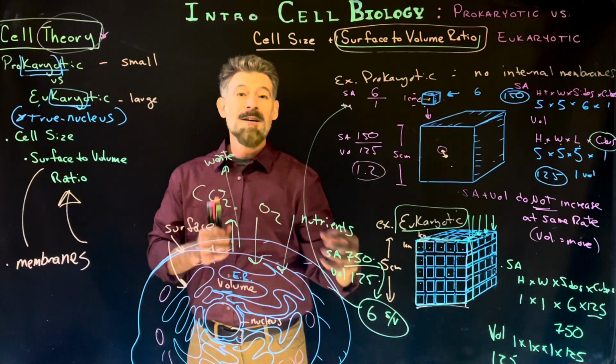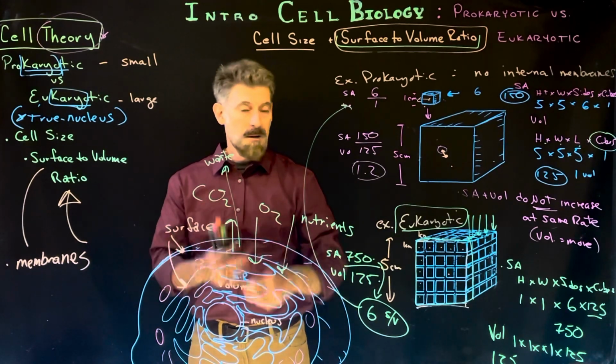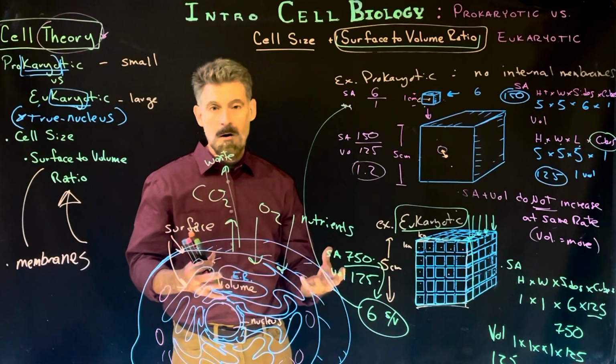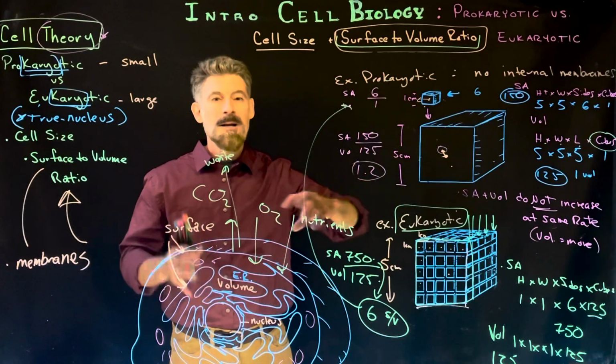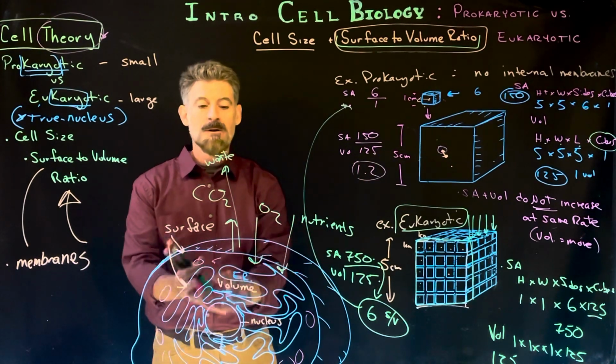However, the efficiency of the cell, its ability to do everything, transport waste and nutrients and oxygen and carbon dioxide and store things and all that, is equal to something 5 times smaller because it's able to break itself up into little compartments by having internal membranes.